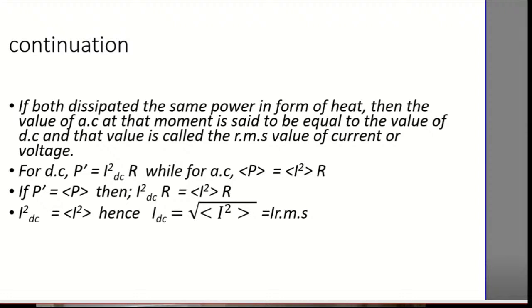Now, look at these circuits. The first one is a direct current circuit across the resistor R. This is the voltage supply, and then this is the current, I'll call it I DC. And then the second circuit is also across the same resistor, and this is varying in a sinusoidal way.